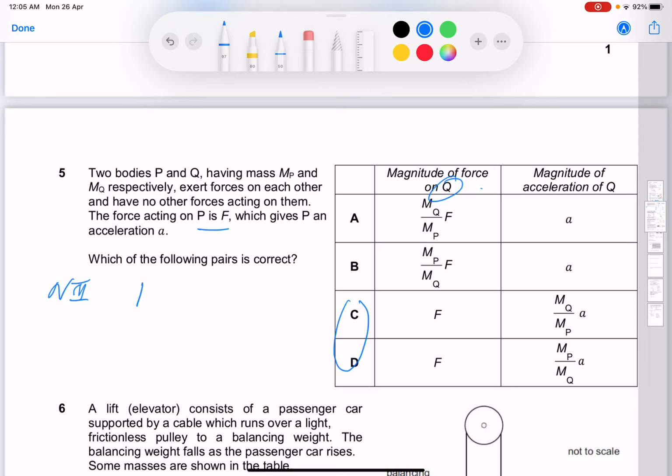The forces are the same, so the force on P is MP AP, and the force on Q is MQ AQ, and hence the acceleration of Q is given by MP AP over MQ. So that's D.